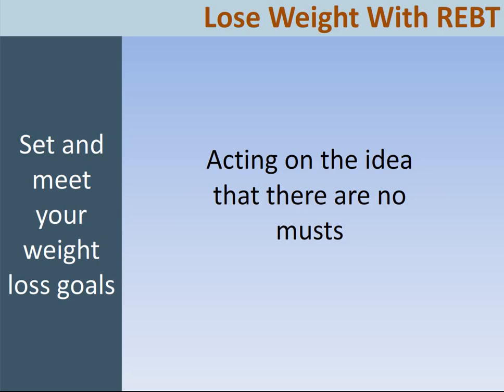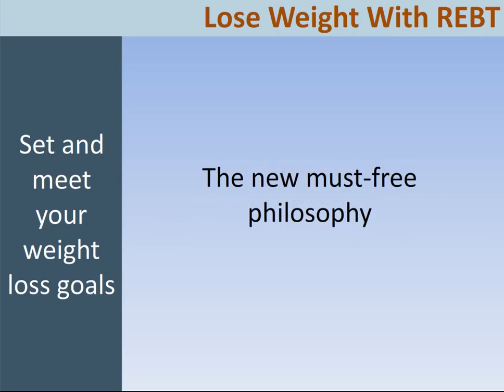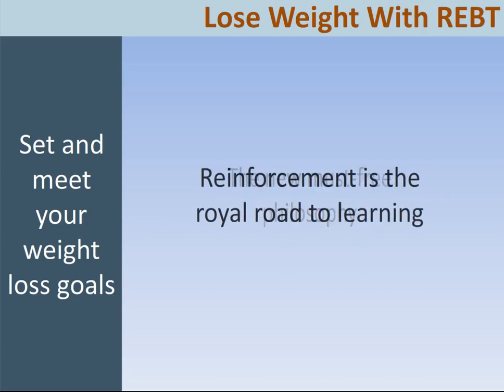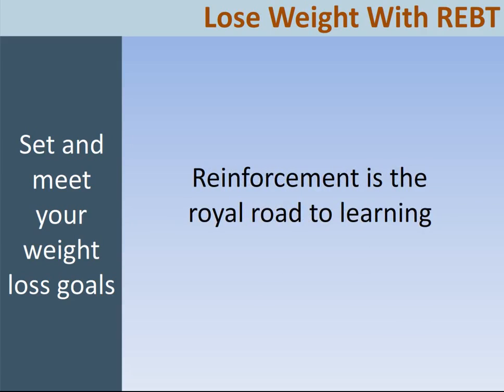You're not compulsively forced to eat when you have the urge, and develop a new philosophy, a new must-free philosophy, so you're in control of your eating rather than feeling like the urge is in control. And the answer is by using the same learning process we use to learn most things, which says that reinforcement is the royal road to learning.